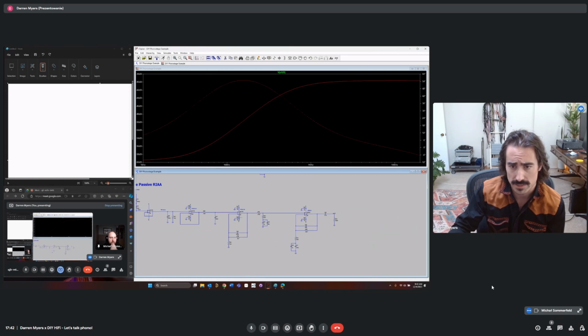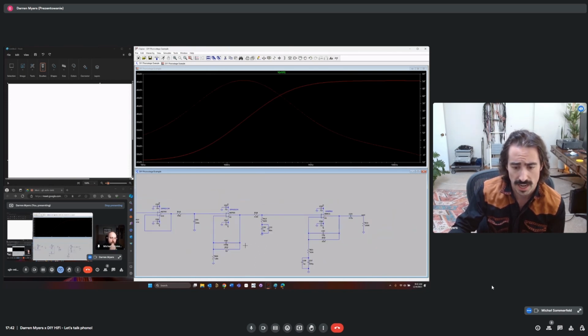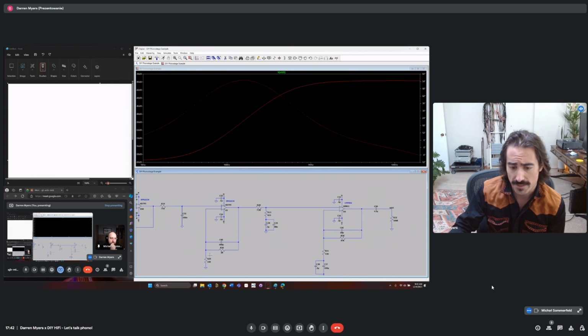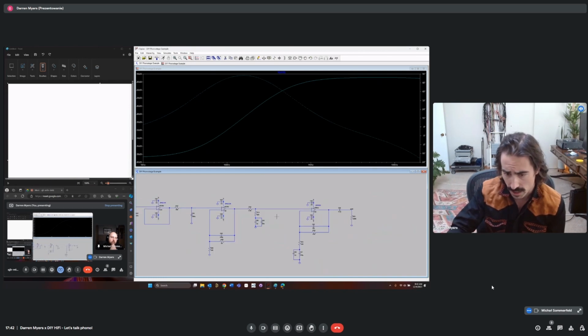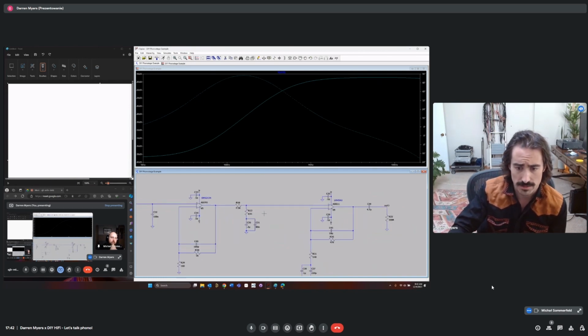75 microsecond time constant, and then what we're going to do is apply our gain now. So I've applied a gain of 11 here. So R30 divided by R29 plus 1. And we end up with this, which is now that factor of 11 applied to it.